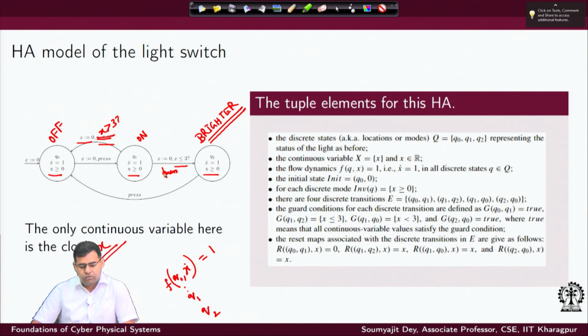Now what is happening additionally is that, if you remember, we said that there will be guards and there will also be resets. That means when I take the transition, I can reinitialize this continuous variable x, and I am always reinitializing it to the value 0. Why? What is my objective here? My objective is that I want to find out the timing difference between two consecutive press events.